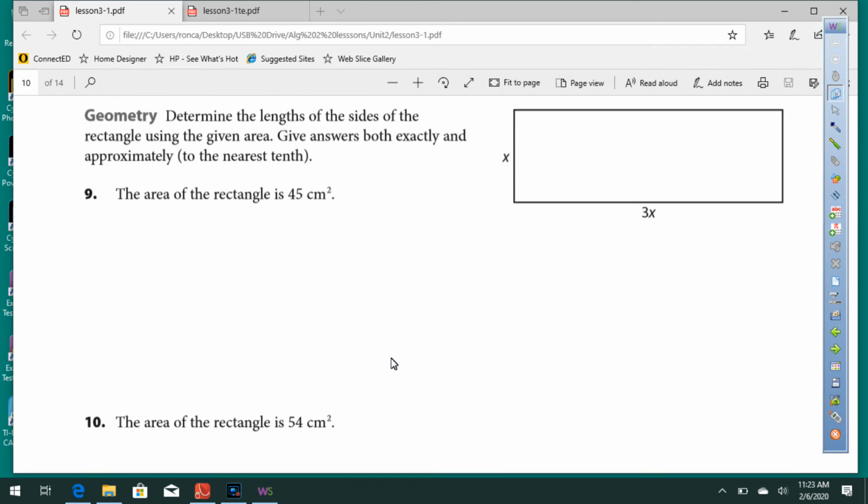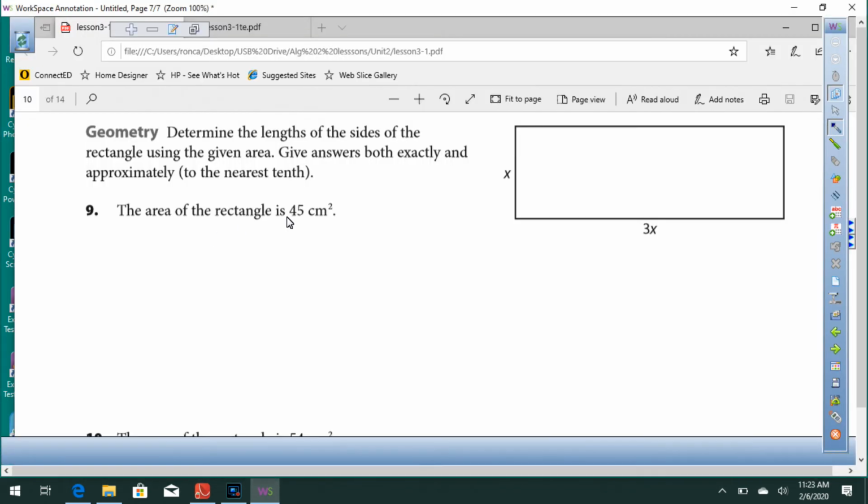Determine the lengths of the sides of the rectangle using the given area. Give answers both exactly and approximately. All right. The area of the rectangle is 45 centimeters squared. So area is length times width. We know that.